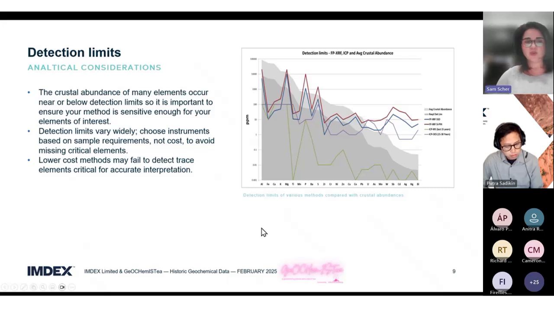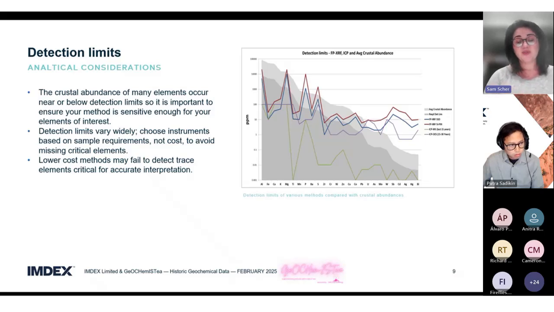Detection limits as well. Just one last thing to highlight this. In the light gray, that is average crustal abundance for the elements on the x-axis. Below that, in the darker gray, what's highlighted is the detection limit that you'll need of your instrumentation in order to say, okay, great, I'm able to detect my nickel, detect my zinc, et cetera.